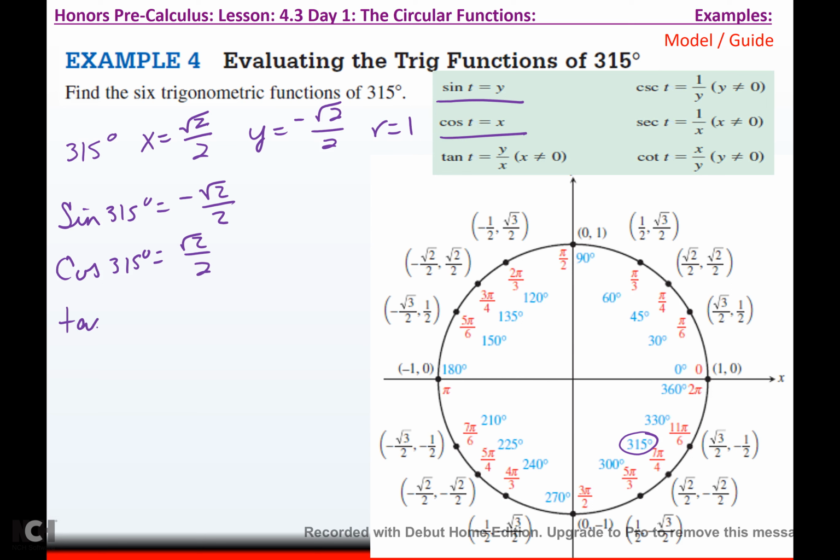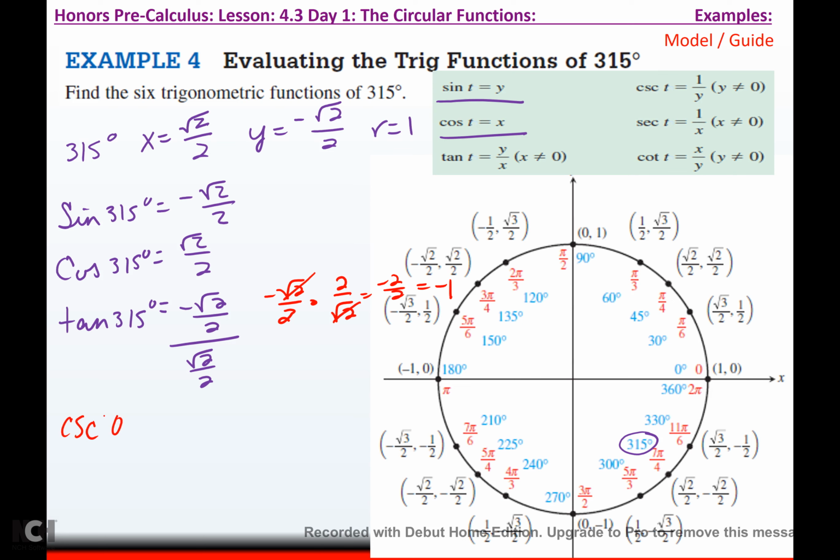Tangent 315 is y over x. So I'm going to have a negative square root of 2 over 2 divided by x, square root of 2 over 2. To simplify this, I'm going to keep the top, change to times, flip the bottom. The square root of 2's cancel, and I get negative 2 over 2, which is negative 1.